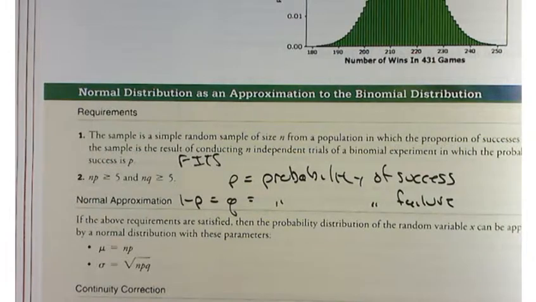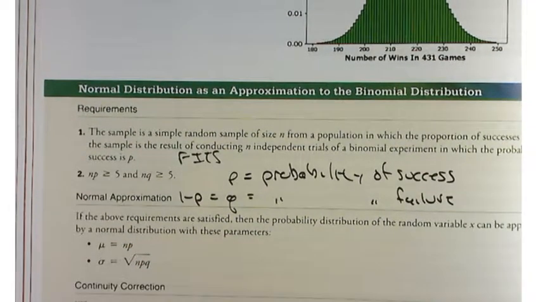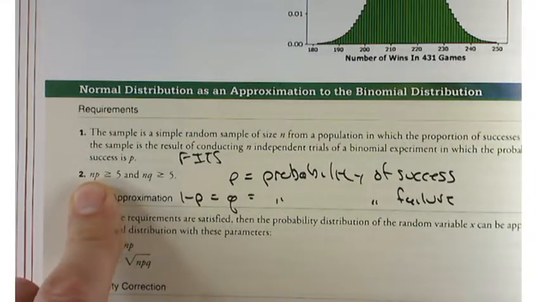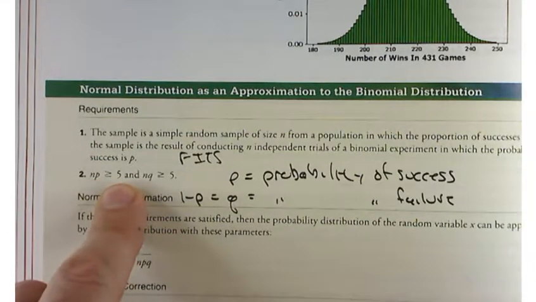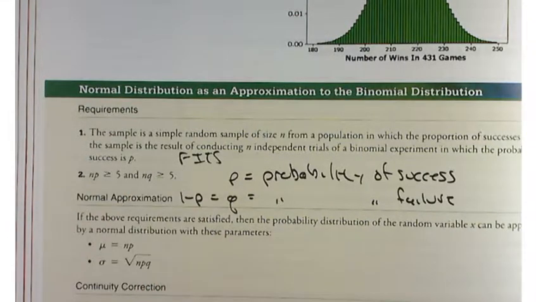So we want np. Well, np, that's just the expected value from the binomial distribution. We want that expected number of successes to be at least 5, and the expected number of failures to also be at least 5. So we want np and nq to be at least 5.